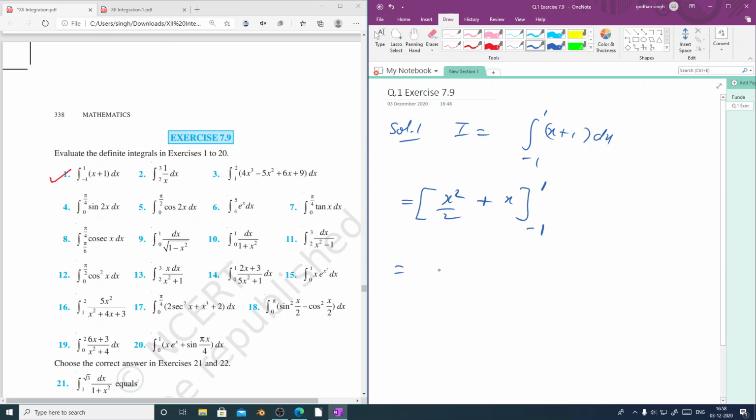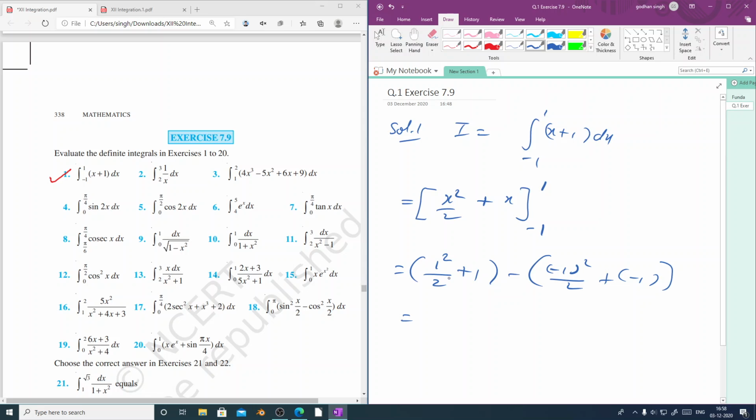We put the value of the upper limit first, so it will be 1 square by 2 plus 1, minus, then we put the value of the lower limit in this, and do the subtraction of the upper limit and lower limit values. So minus, (minus 1) square by 2 plus (minus 1).